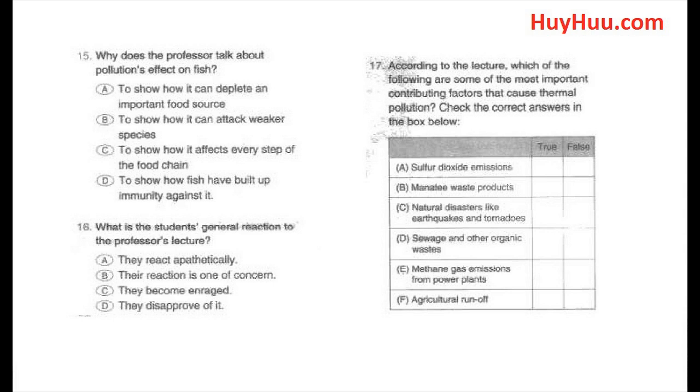Why does the professor talk about pollution's effect on fish? 16. What is the student's general reaction to the professor's lecture? 17. According to the lecture, which of the following are some of the most important contributing factors that cause thermal pollution? Check the correct answers in the box below.